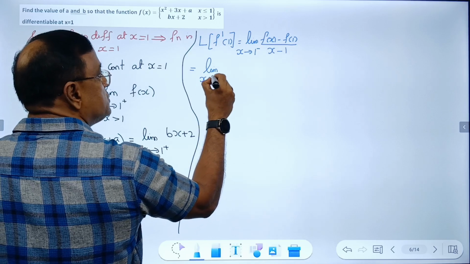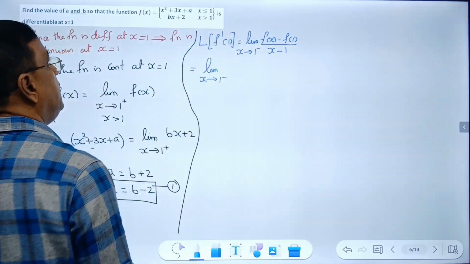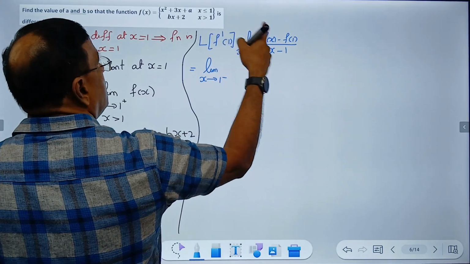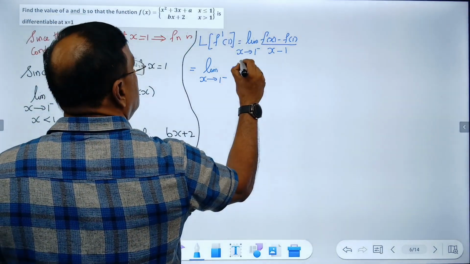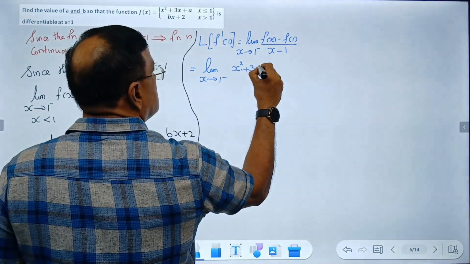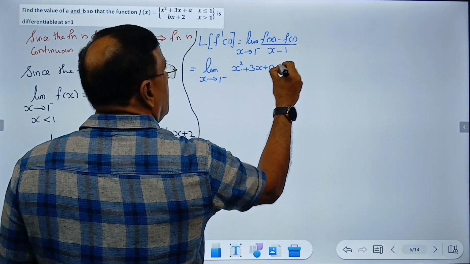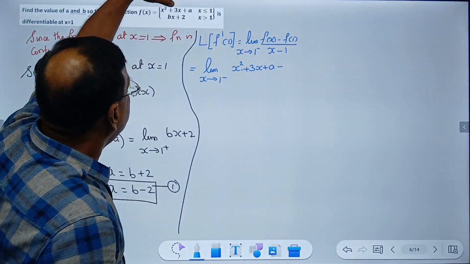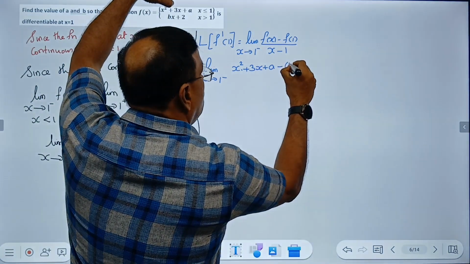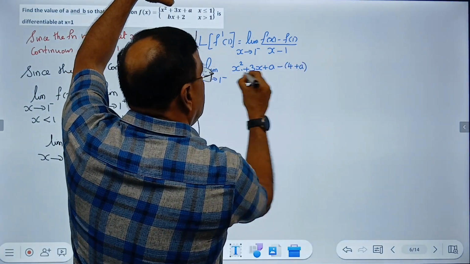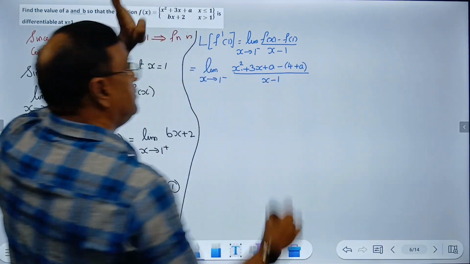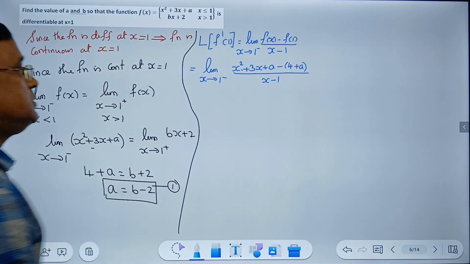Now, since it is 1 minus, my function f of x is x square plus 3x plus a. And what is my f of 1? In place of x, you put 1, so you get 4 plus a, divided by x minus 1. Correct? So now what happens to this?